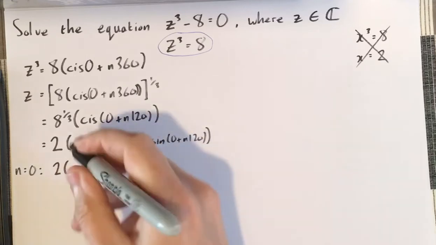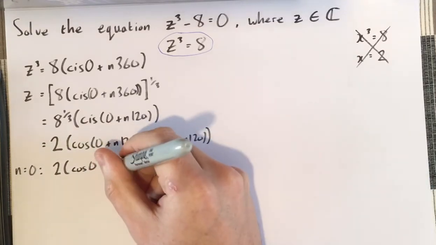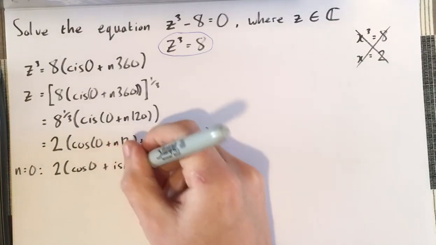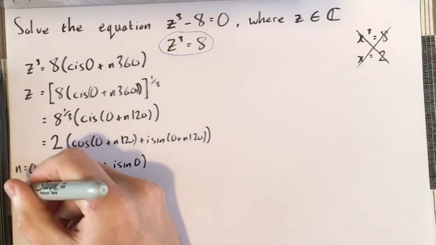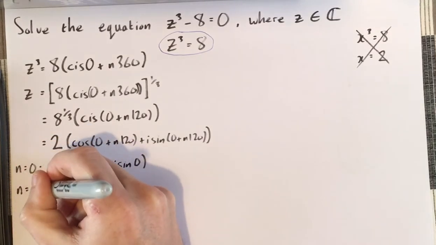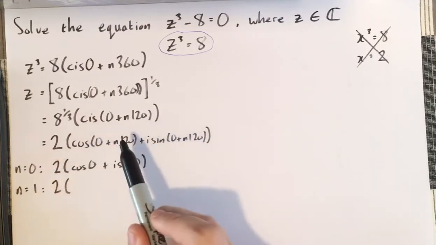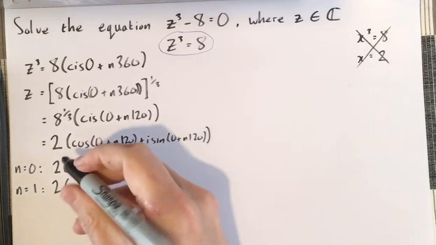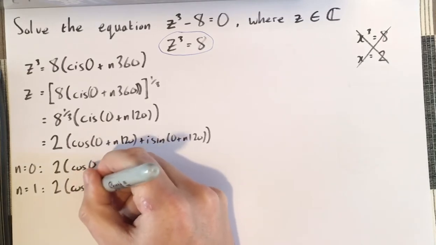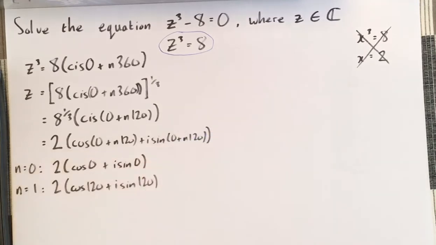When n is equal to 1, I get 2 times cos 120 plus i sine 120.